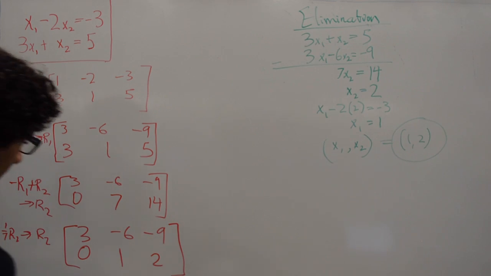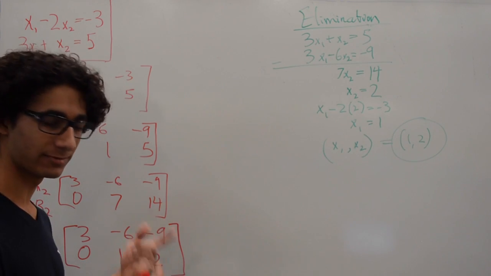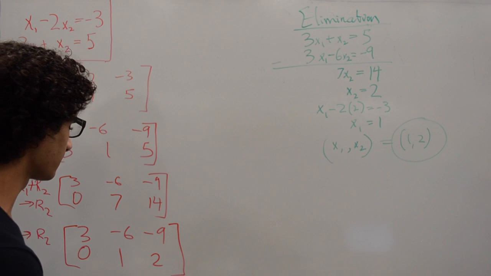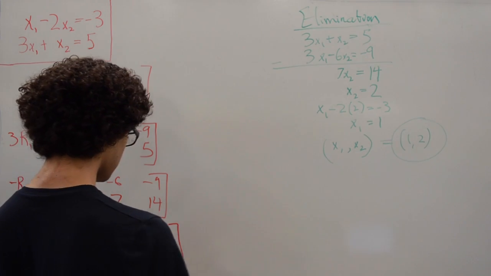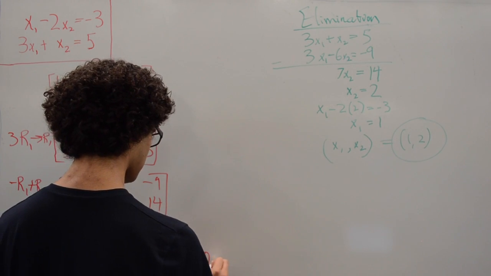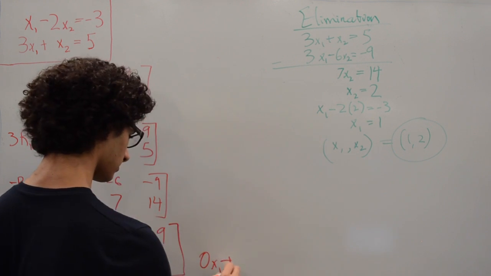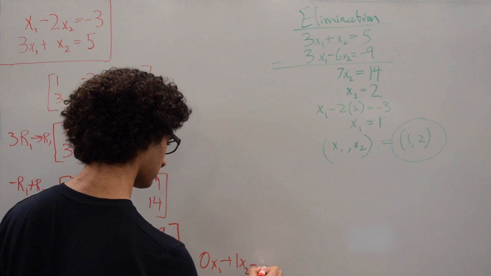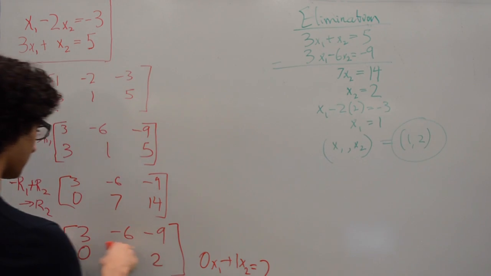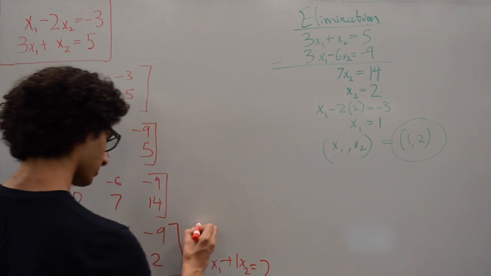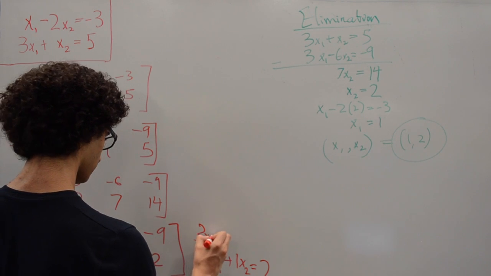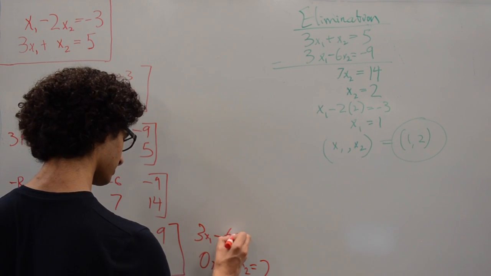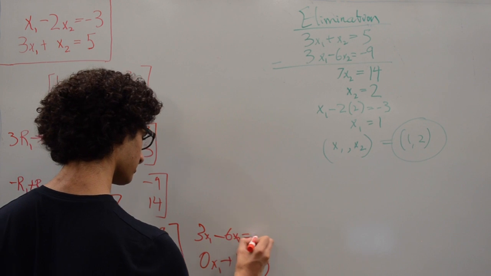And now we can translate back from matrix to algebraic form to see what this is really telling us. This is telling us on the bottom row that we have 0x1 plus 1 times x2 equals 2. And on this top row we have 3 times x1 minus 6 times x2 equals -9.